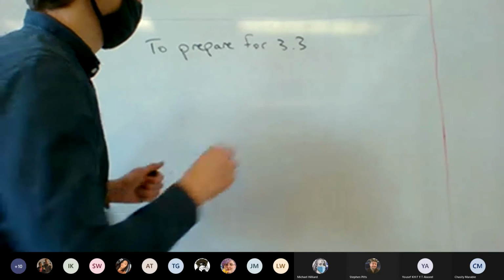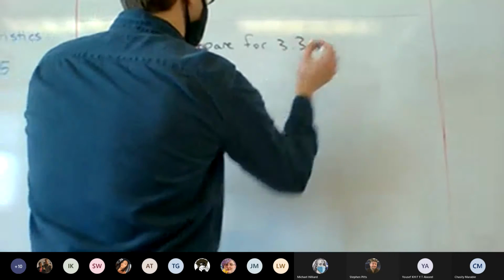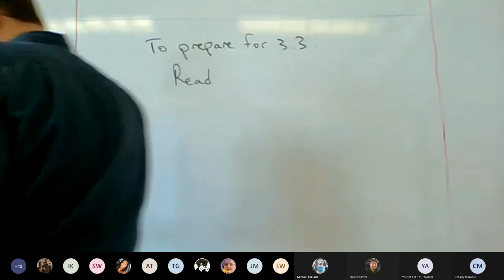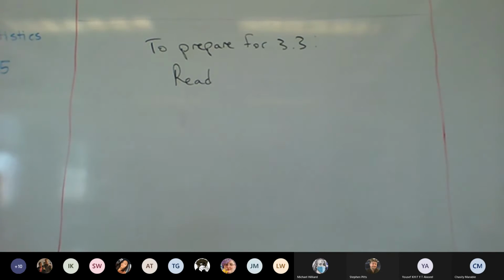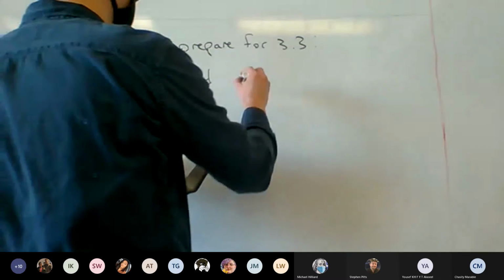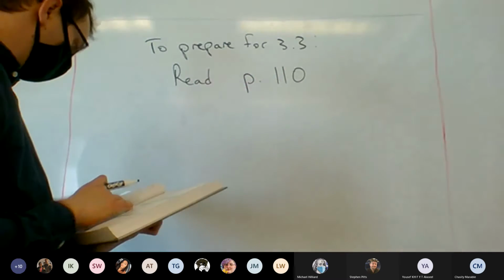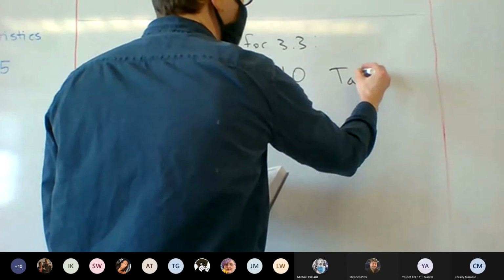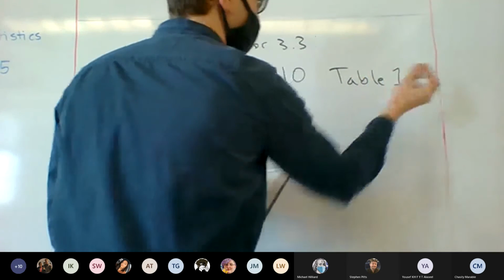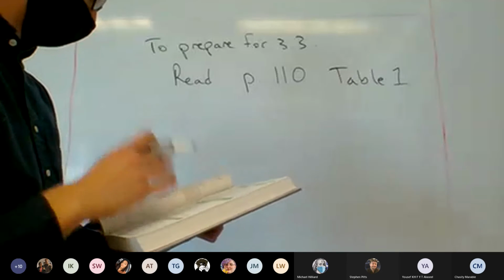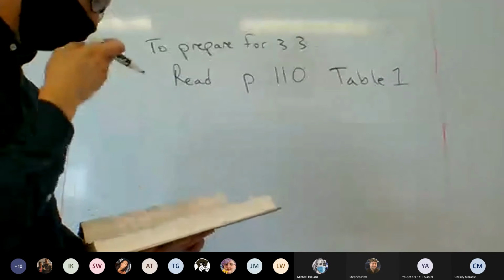So to prepare for 3.3, go ahead and read, let's see what page it is. Page 110, table 1. Just look at those, get acclimated to the words, those definitions of converse, inverse, contrapositive, and biconditional.